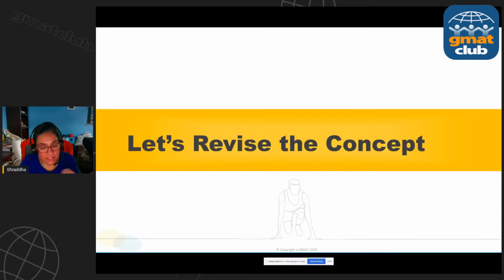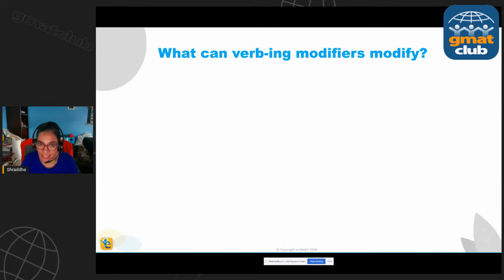Before we start solving the questions, let's revise the concept a little bit. Let's just get our feet a little wet. Verb-ing modifiers modify not just one entity, but a few entities. Mainly, a verb-ing modifier modifies a noun entity and some action.